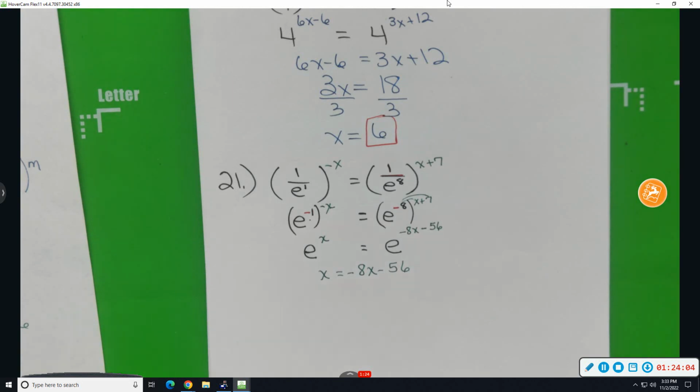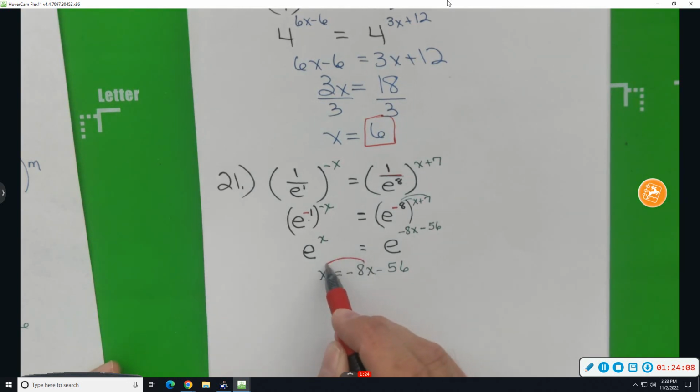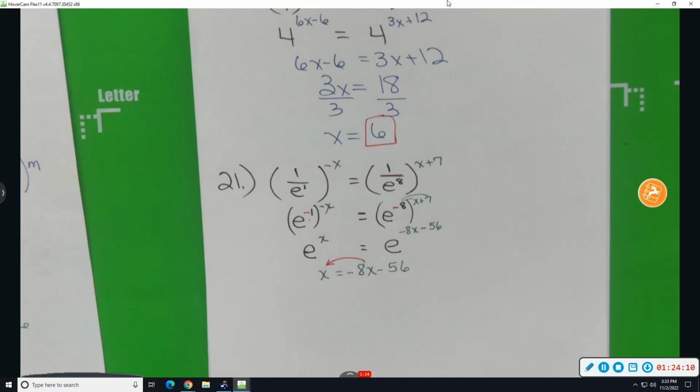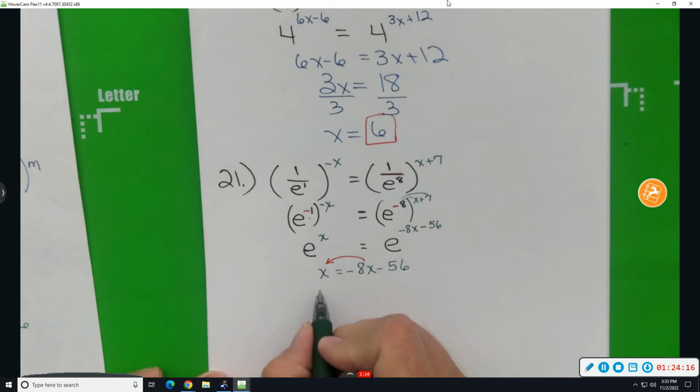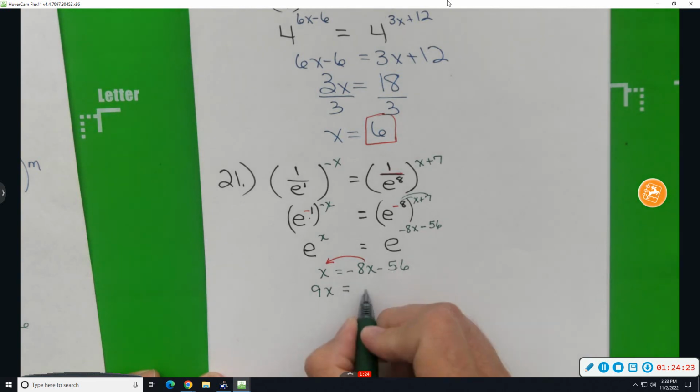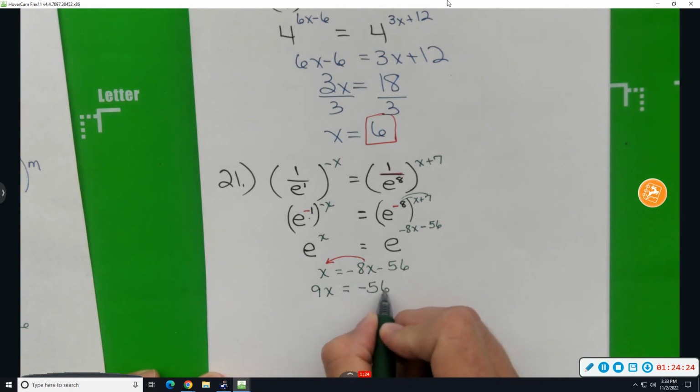Let's see, what would we do? I'd move the x term over to the left side. So x, is that going to be a plus 8x? So what do I have over here? 9x equals negative 56.